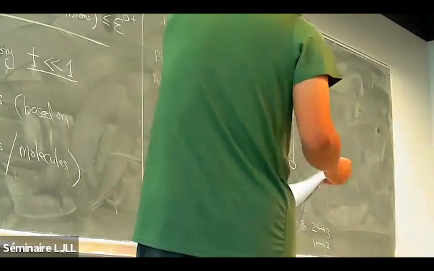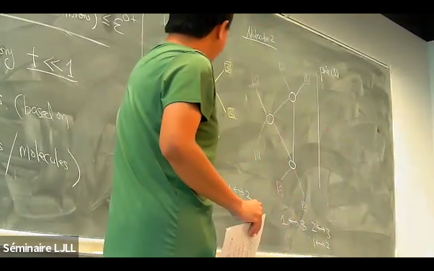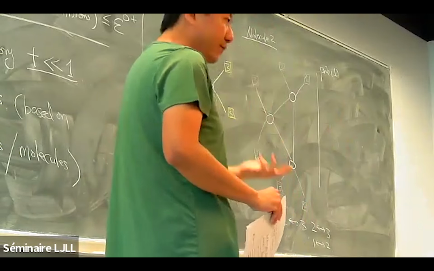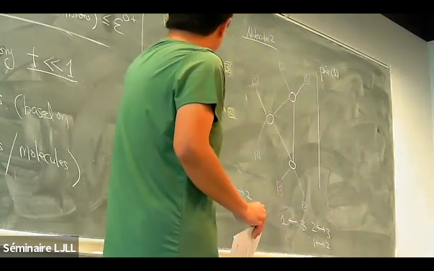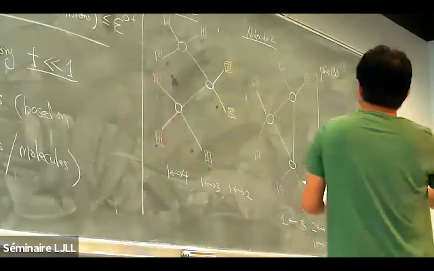This is clear because you see how many variables you have. You have the inputs, basically the starting velocities and positions, for the particles 1, 2, 3, 4.